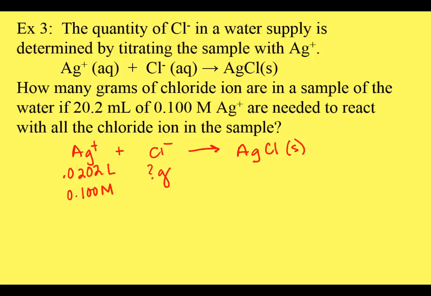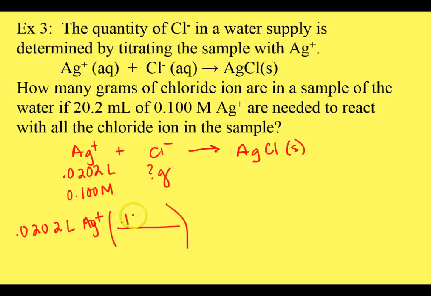In keeping with the other 2 problems, we started with liters in both of those problems, so we will do the same here. 0.0202 liters of silver ions. And we use the molarity as a conversion factor. Remember, whenever you see M, capital M, we should think moles per liter.